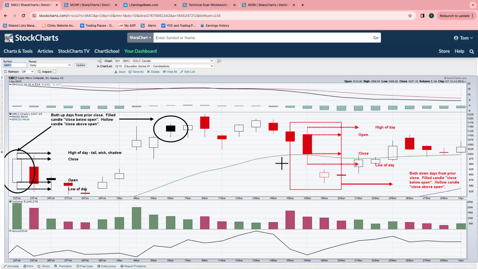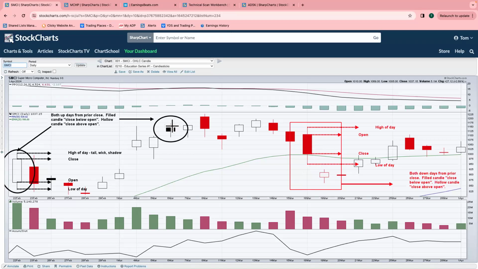So the most bearish candles, in my opinion, are the red filled. The most bullish are the black hollow. And the black filled and the red hollow, they've got maybe characteristics of both. They're higher for the day, which is bullish, but they closed below the open.